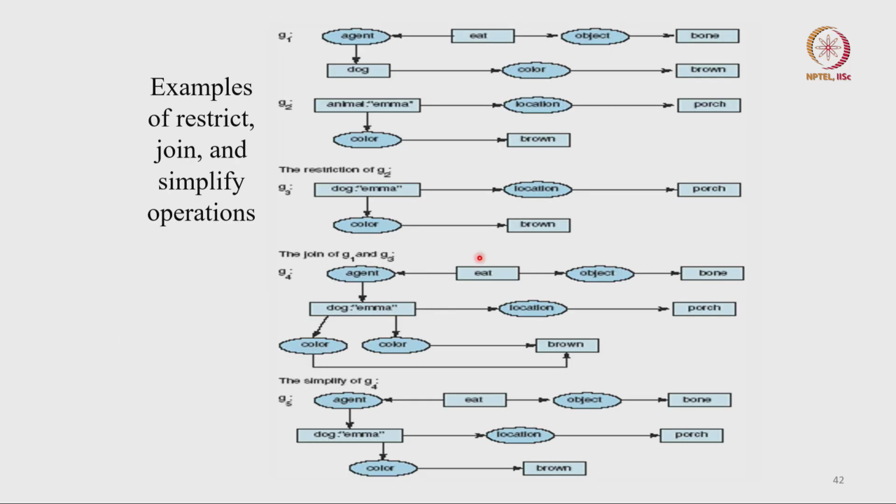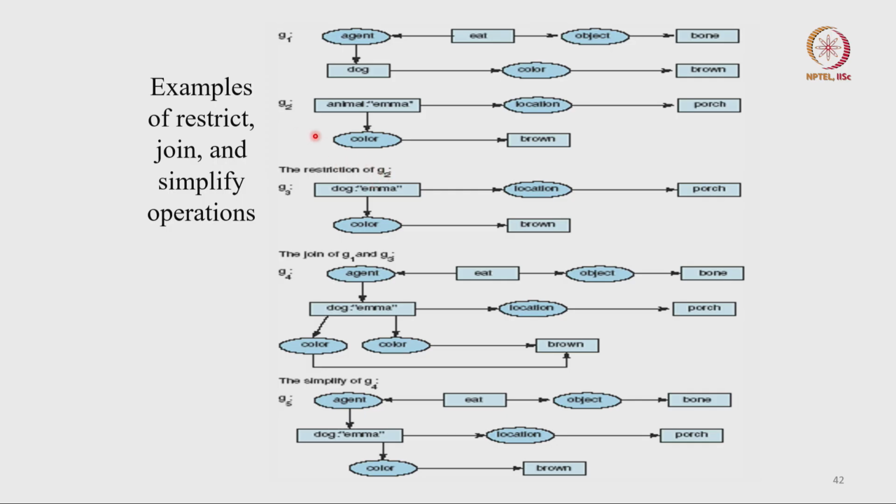So, if we look at this, okay, so you have a dog. Okay. If you take this third one, it is a restriction of G2, right.